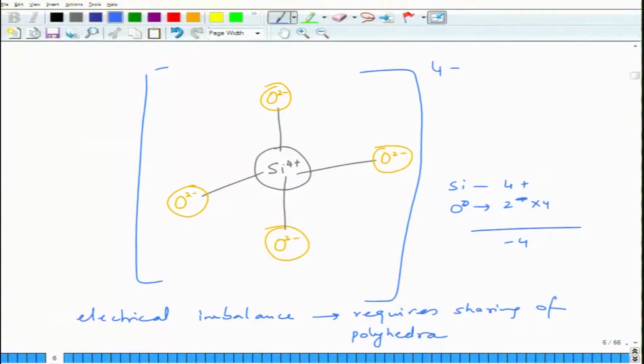You can characterize this as the SiO4 4 minus tetrahedra.